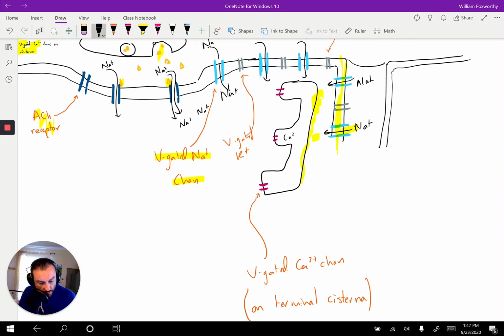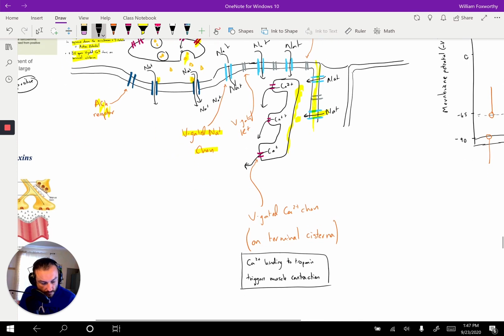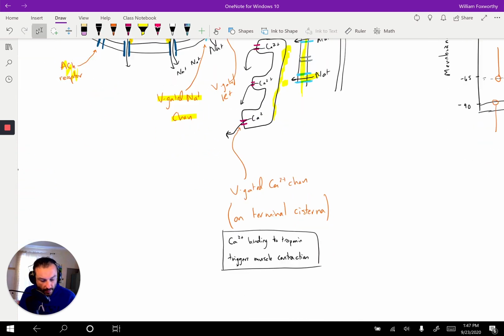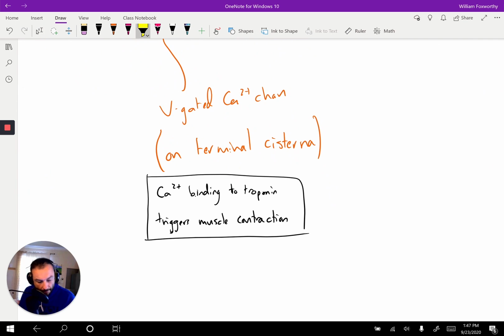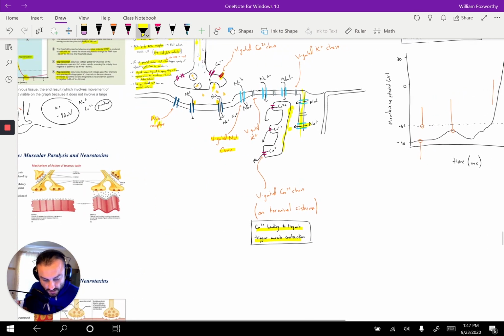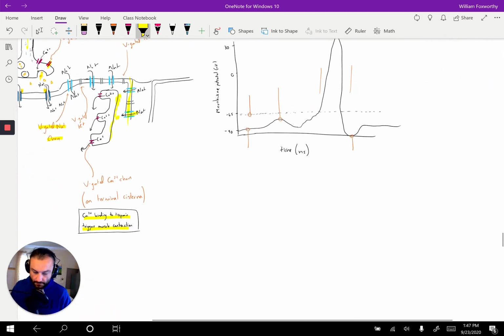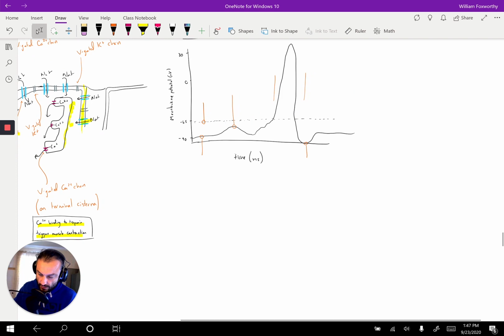So the terminal cisterna is then going to release calcium into my cell, and ultimately it is calcium binding to troponin that triggers your muscle contraction. All right, so those are the events in a nutshell. Let me show you one more time on this graph and ask you some questions here.